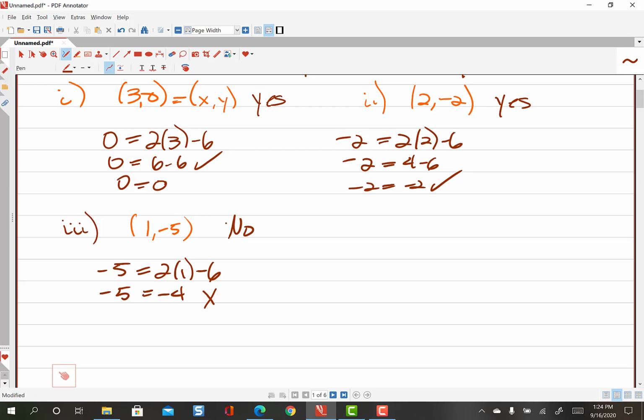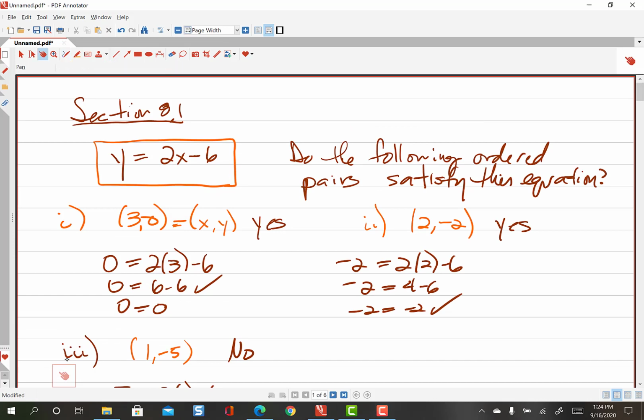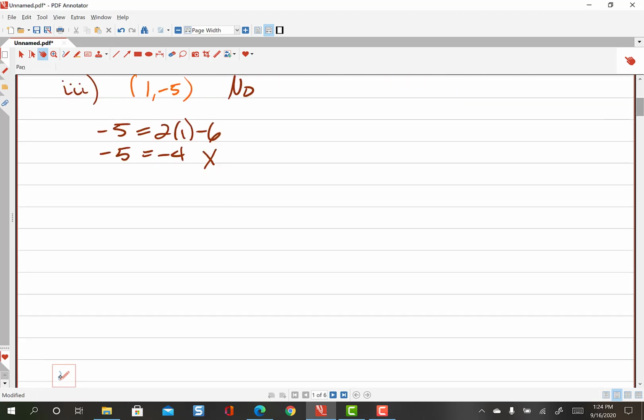One of the things you have to realize is that if an ordered pair satisfies an equation like this, when we go to graph it, that xy pair is going to be on the graph. I think that's worth writing out, so let me show you what I mean.